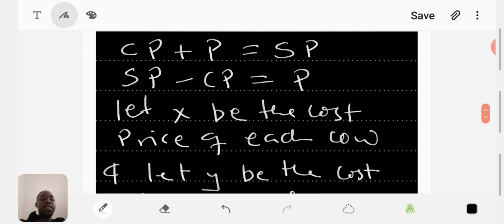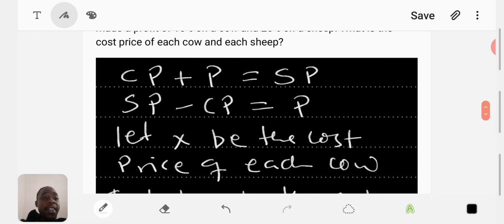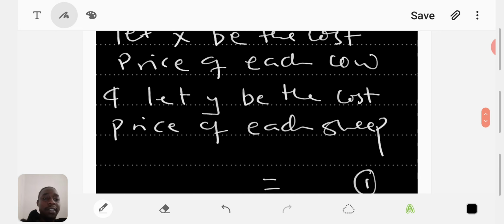Equation one will read like this. Basically for our total selling price we are using this formula: cost price plus profit is equal to selling price.